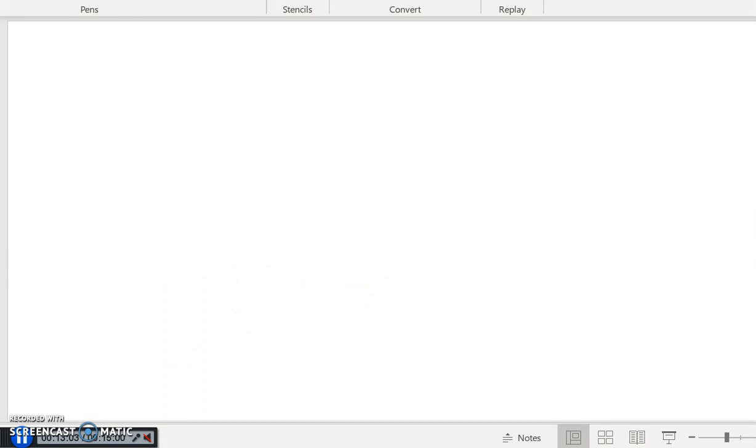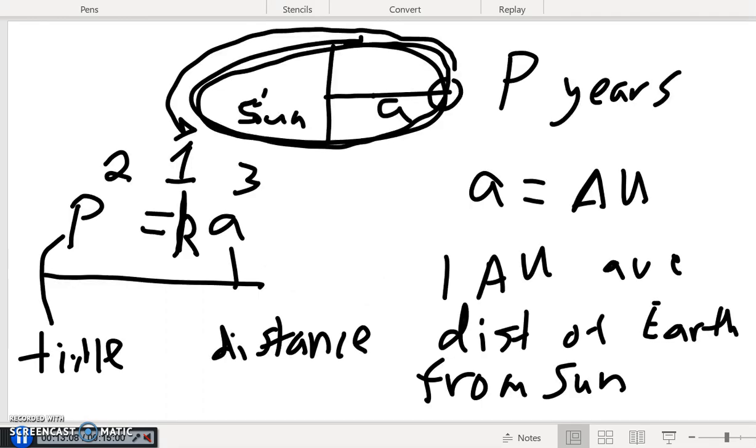It does hold for every single planet. So if I measure any planet in the solar system, if I measure their orbital period in years, and I measure their semi-major axis in astronomical units, then this equation will hold. P squared equals 1 times A cubed.